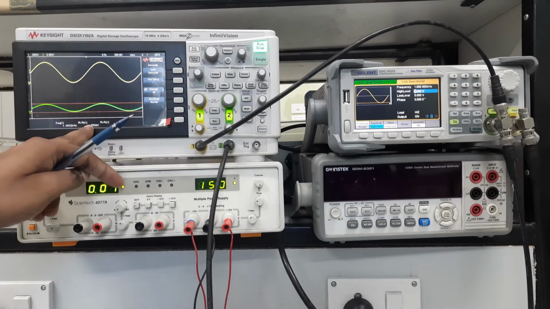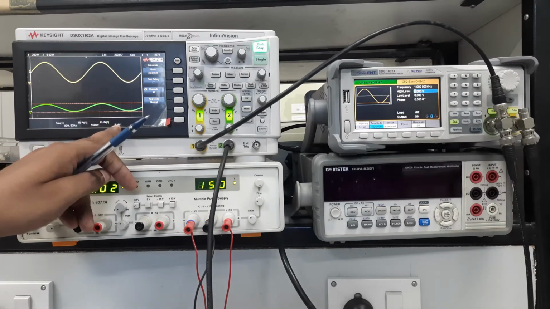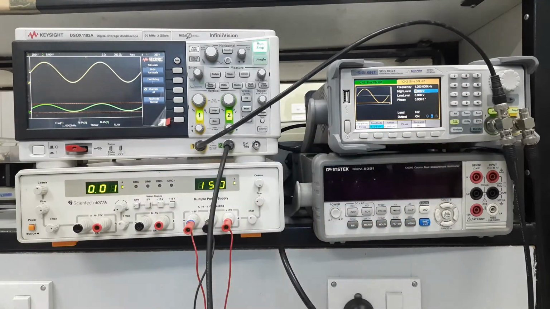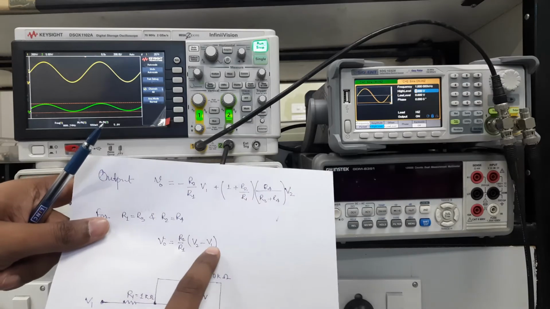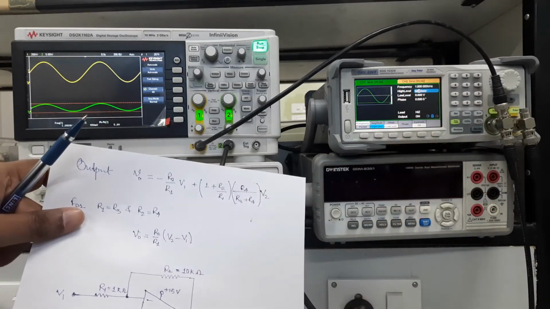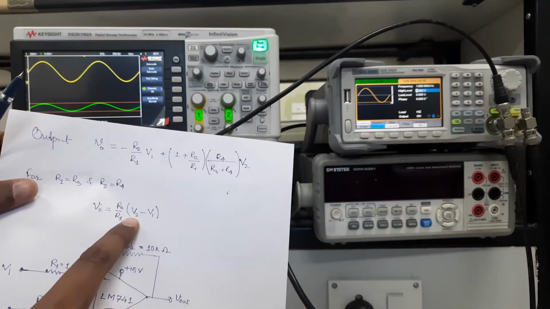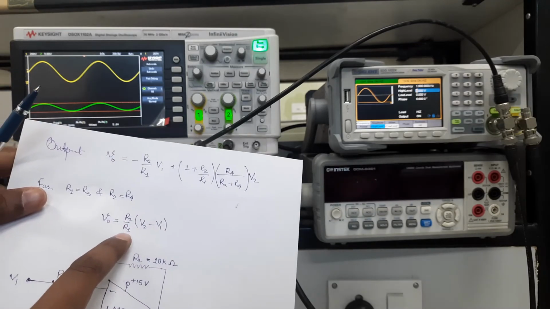Right now the input from channel 1 is 550 millivolt peak to peak, and we are getting an output voltage of 5.6. How are we getting this? We are giving channel 2, that is V2, which is 1 volt, and V1 is 0.5 volt. So 1 minus 0.5 gives 0.5, and as we know R2 is 10 kilo ohm and R1 is 1 kilo ohm.